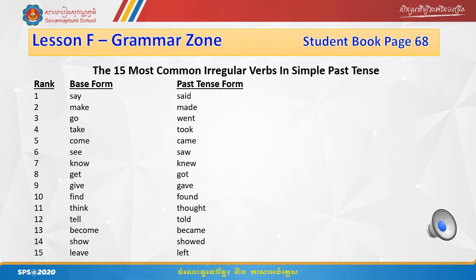Class, here is our list of the 15 most common irregular verbs in past simple tense. I'm not sure I need to read all of these, but I might as well. Say, said. Make, made. Go, went. Take, took. Come, came. Know, knew.